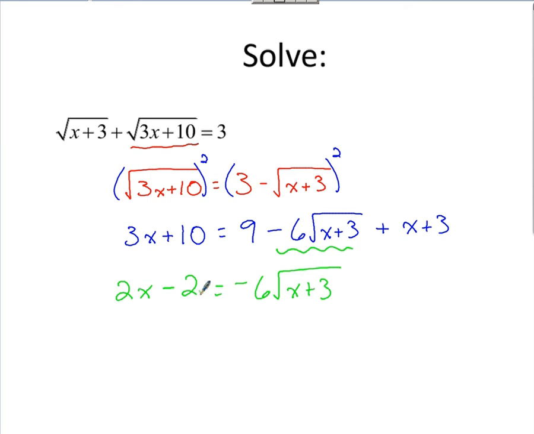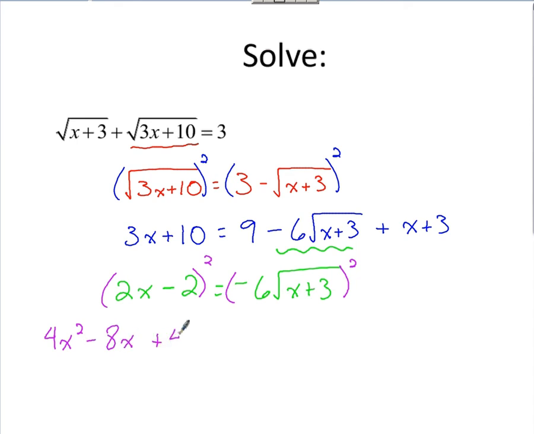All right, if I square both sides now, could divide over the negative 6 also, but if I go ahead and square both sides, well, let's see. A little binomial expansion here. Got 2x squared, that's 4x squared. Whoops, twice the product of 2x and the negative 2 would be negative 8x.